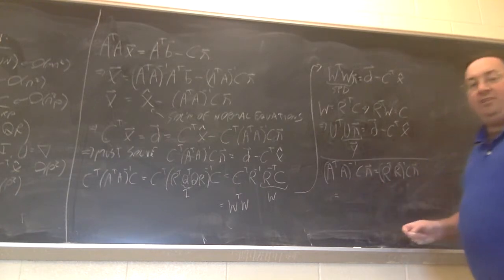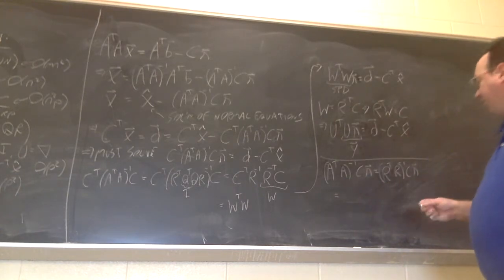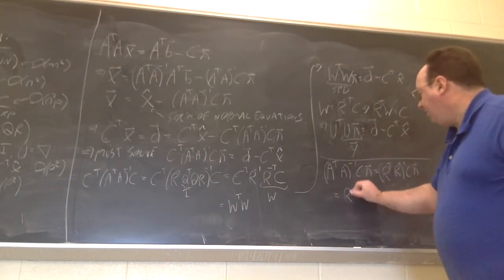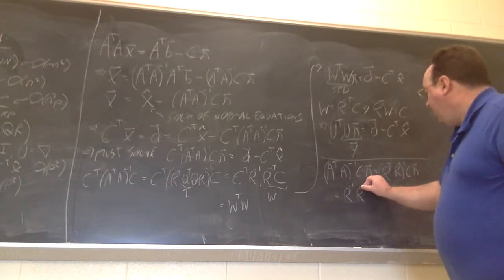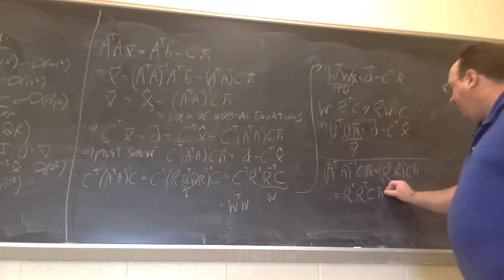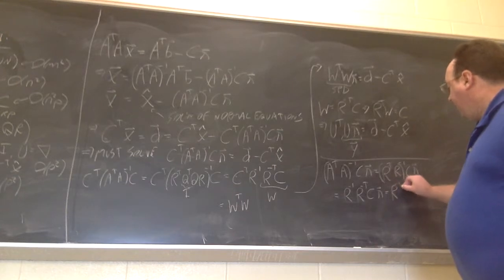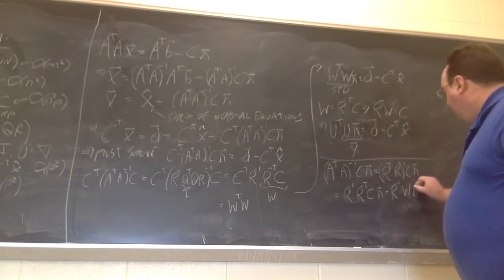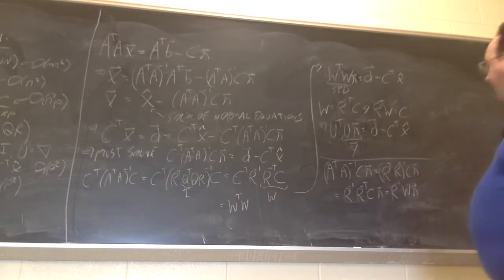So if we write out what this is, keep in mind that R and R transpose are invertible. That's the same as R inverse transpose C lambda. But R inverse transpose times C, that's W. I already have that. So that's R inverse W lambda.